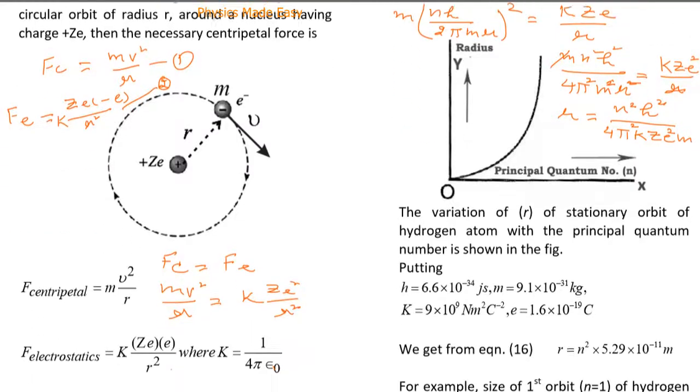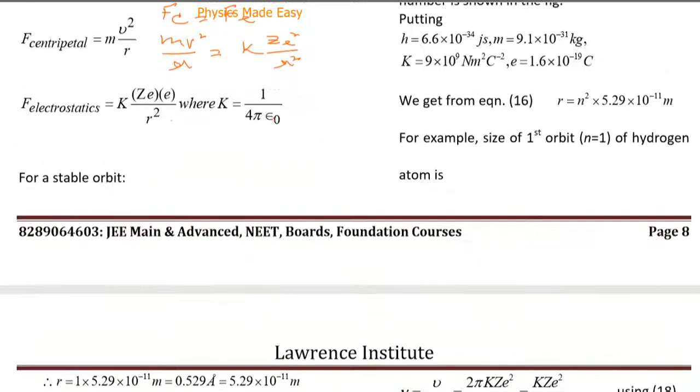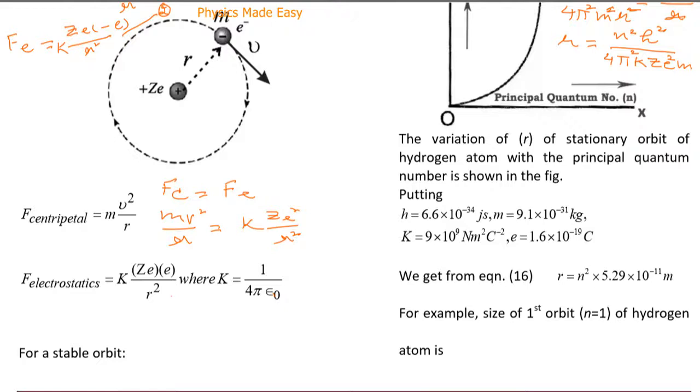Now fill in the value of K. From here you can fill in the value of K, or you may even not fill in the value of K. It is up to your choice.